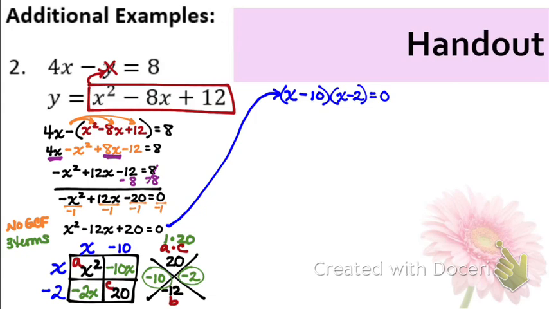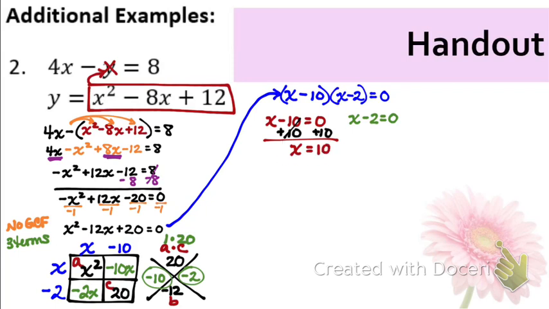What do I do with each of those factors now? Set them each equal to 0. X minus 10 equals 0. X minus 2 equals 0. What do I do here? Add 10 to both sides. So x is 10.